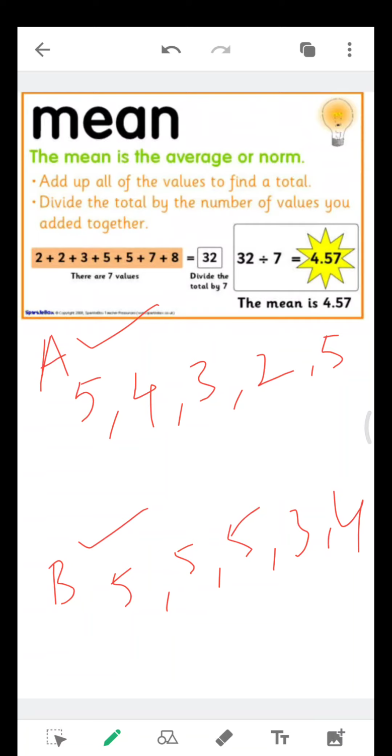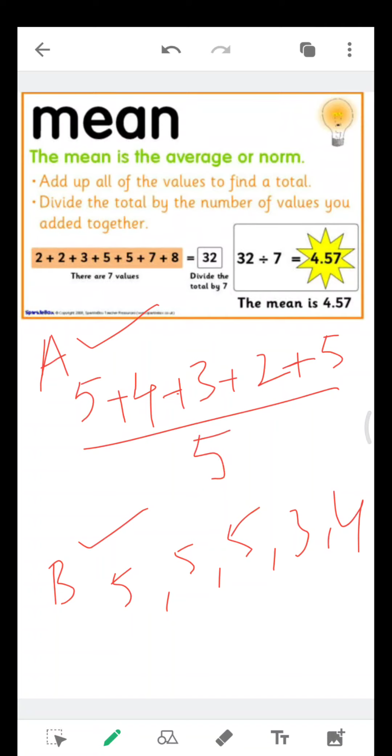For finding that, we will find the sum of all these observations and divide it by the total number of observations. So we'll add up all and divide by how many? 5, because there are 5 observations.